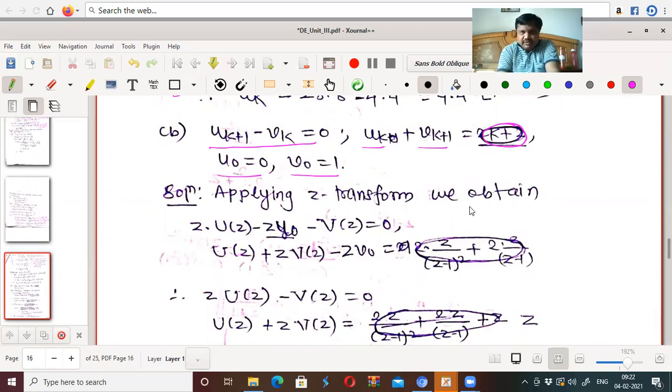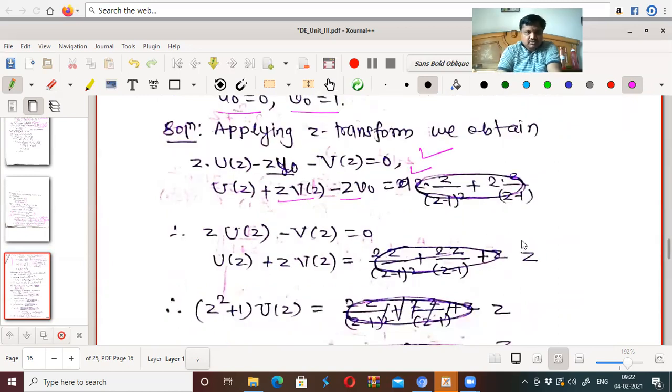Applying z transform, we obtain z into u of z minus z into u0 minus vz equal to 0, and second u of z plus z vz minus z v0 equal to again 0. Okay, so z uz minus vz, u0 is 0, therefore it is equal to 0. Then second uz plus z vz equal to, v0 is 1, so it will be plus z.